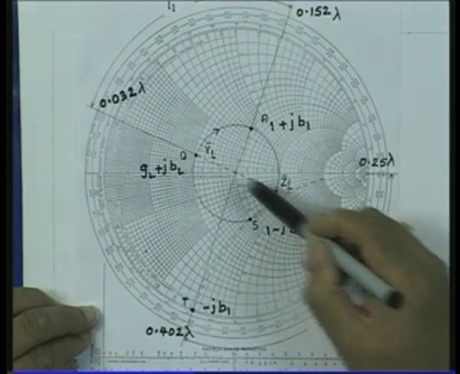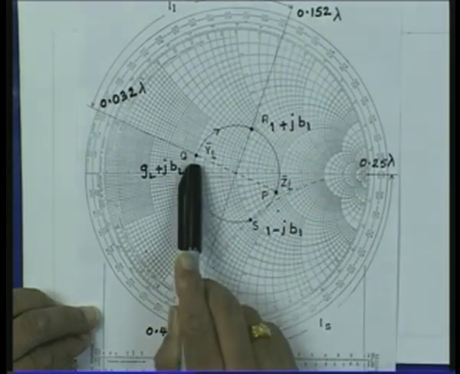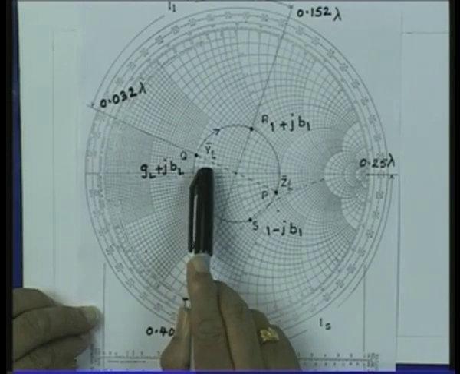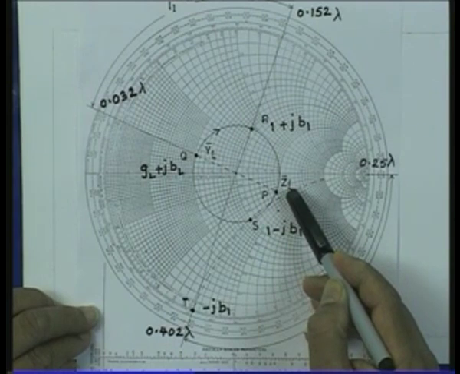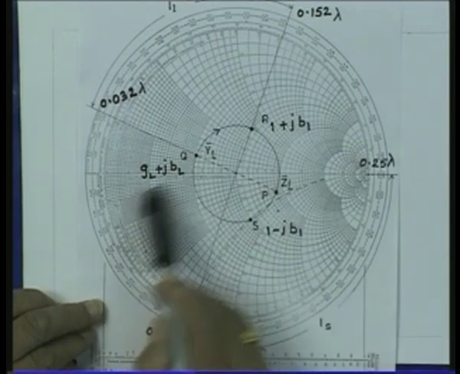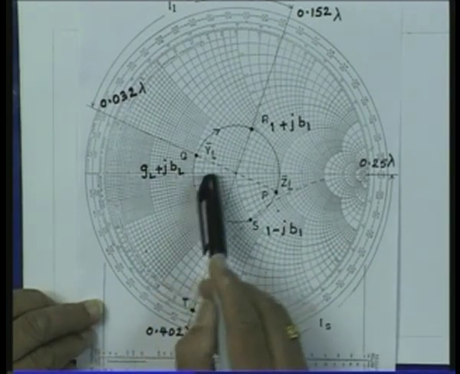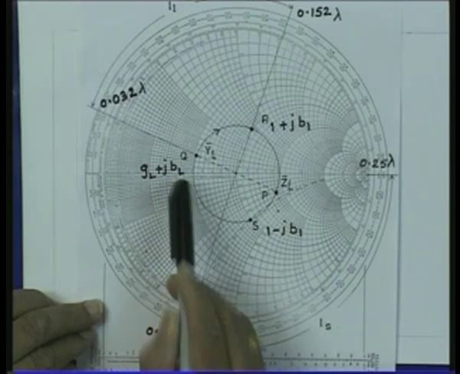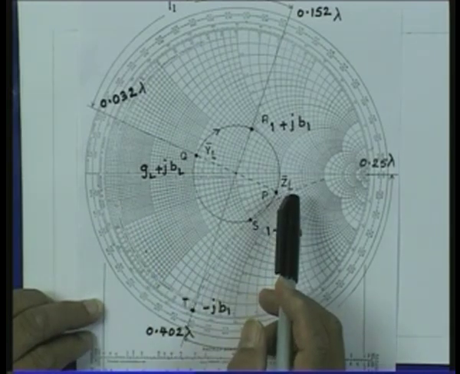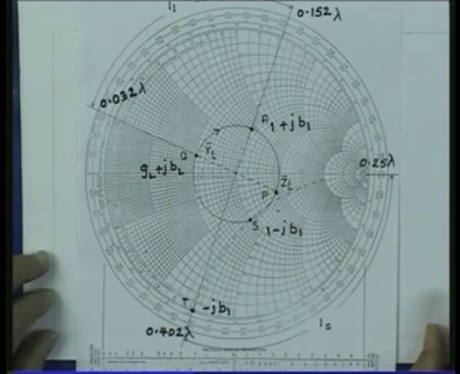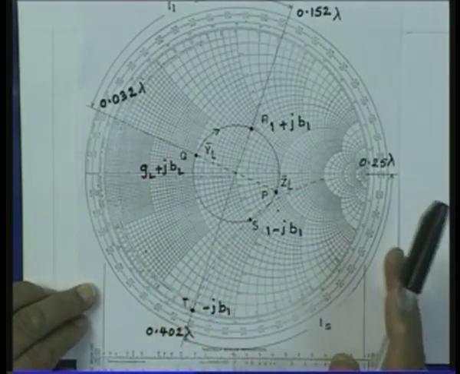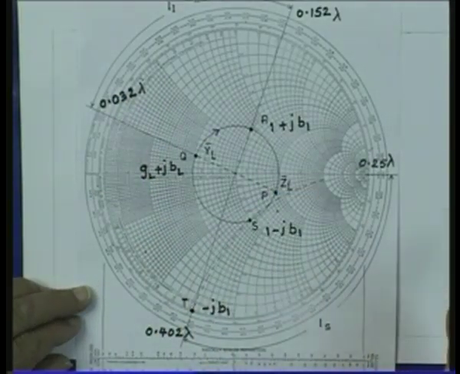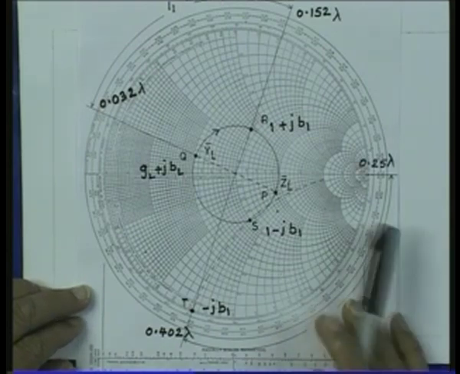So, this point, the diagonally opposite point Q, gives me the normalized admittance corresponding to this normalized impedance. Let us say that the normalized load admittance is GL plus jBL. So, essentially our single stub matching starts from here. This is the admittance which is to be matched by using a single stub matching, where the stub is connected in parallel with the main line.